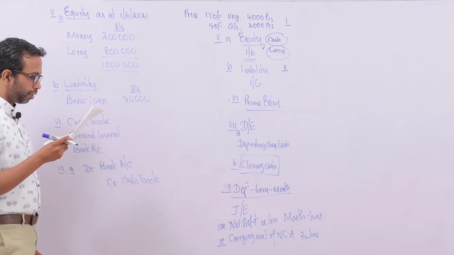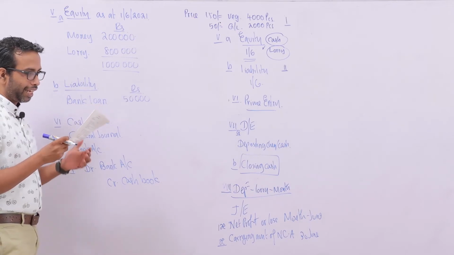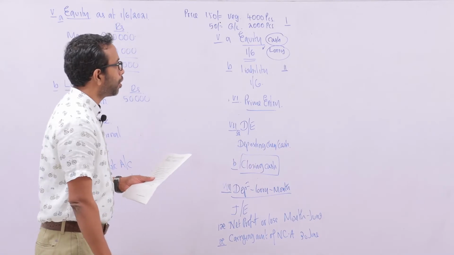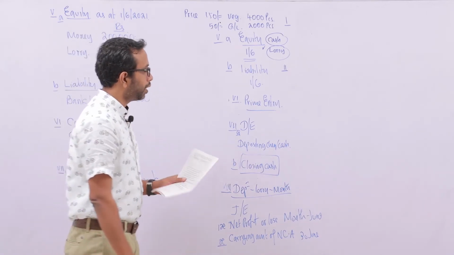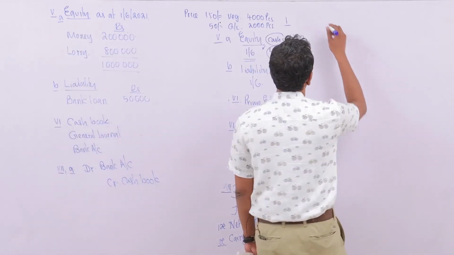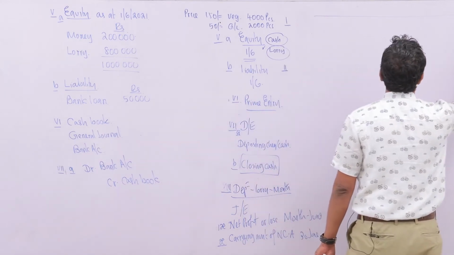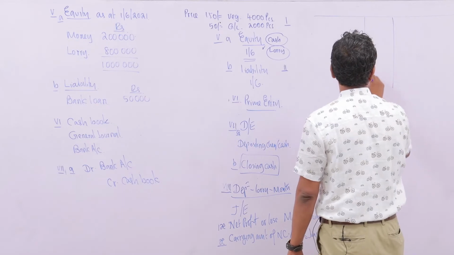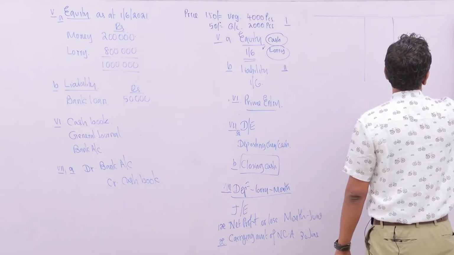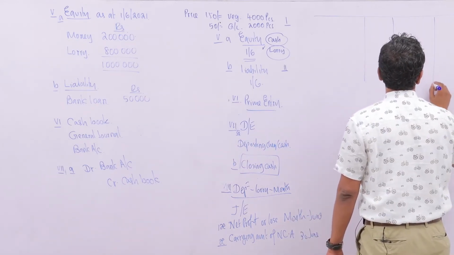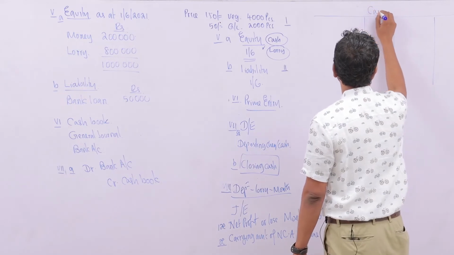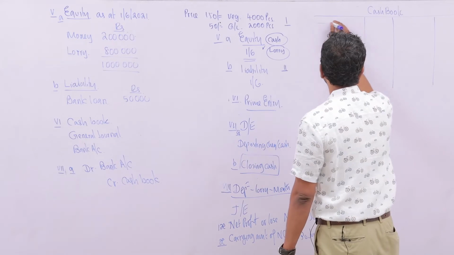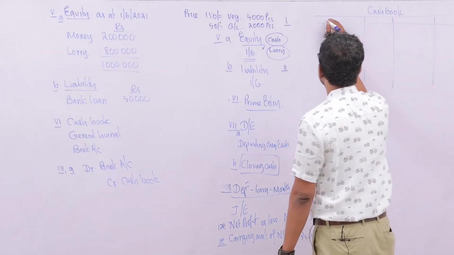Right. Next one, you need to draw a cash book to record transactions and come up with the closing cash balance. So, shall we draw a cash book? Let's write it down, cash book. Just write rupees, description.